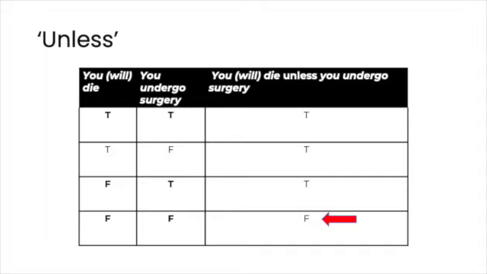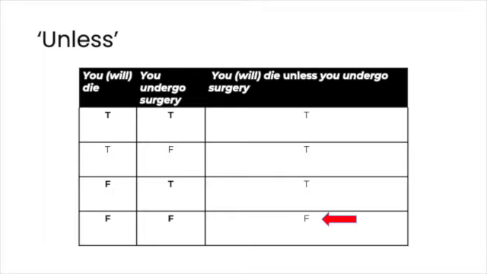So, if both you undergo surgery and you die are true, then we have no real grounds for saying that the doctor was lying. So if you're going to give it a truth value, which is what we have to do, that value shouldn't be false. Let's make it true then. Finally, if you undergo surgery is true and you die is false, there is absolutely nothing here that falsifies the doctor's statement. So it also gets T.